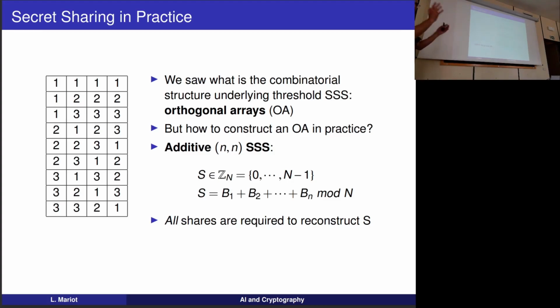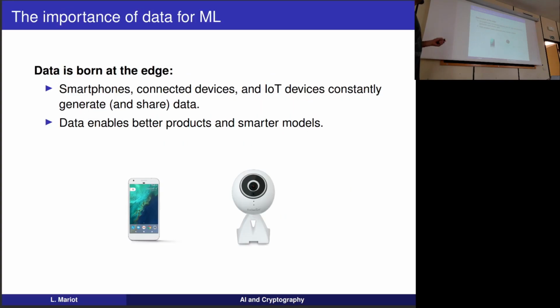So now we do a quick close-up about how to use this secure multi-party computation for private machine learning, in particular using additive secret sharing. So the importance of privacy in machine learning is that when you look at the models that you are training, usually the source of data is at the edge, let's say, of a particular network.